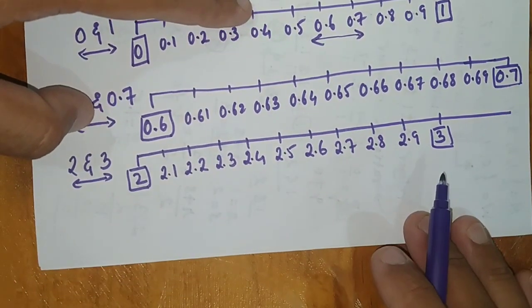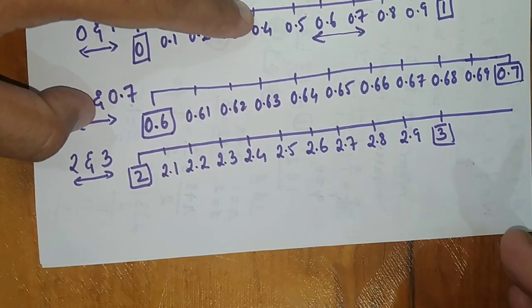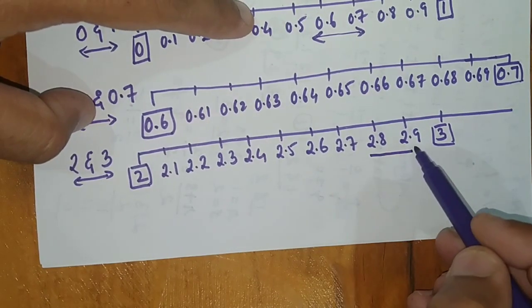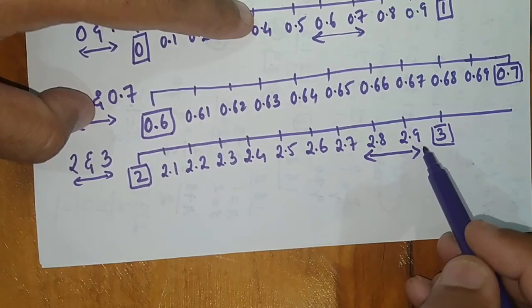So now let us consider, you need to find numbers between 2.8 and 2.9.